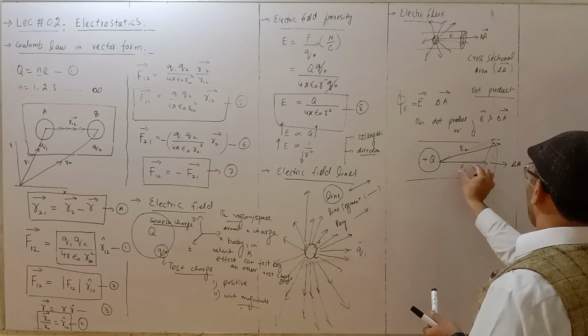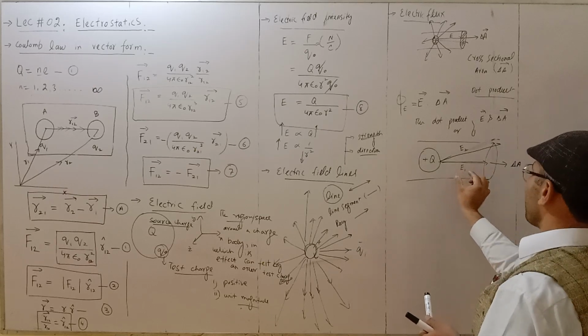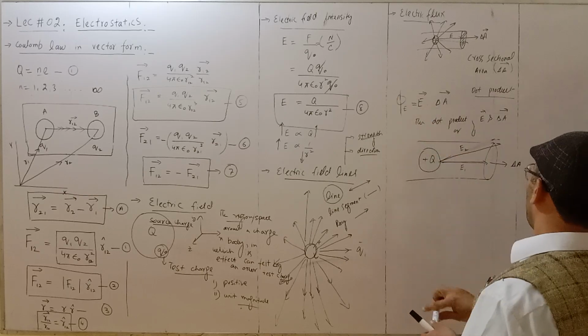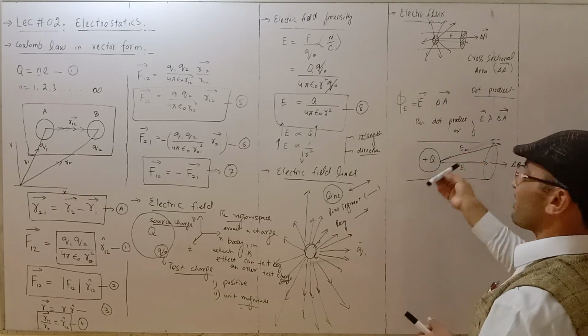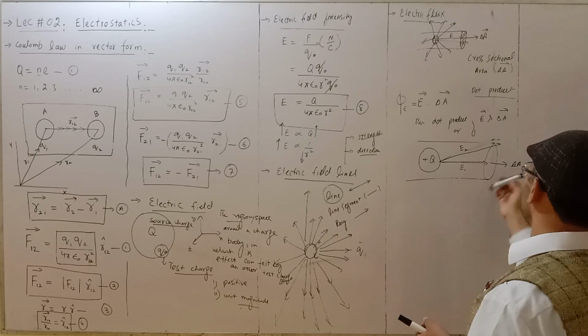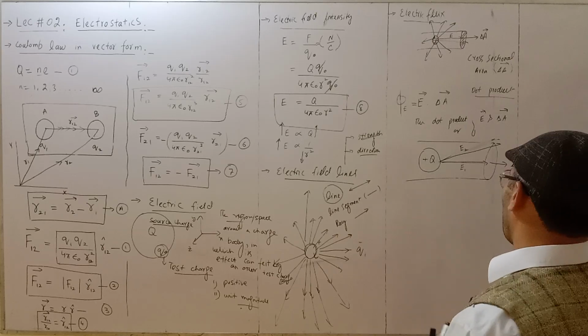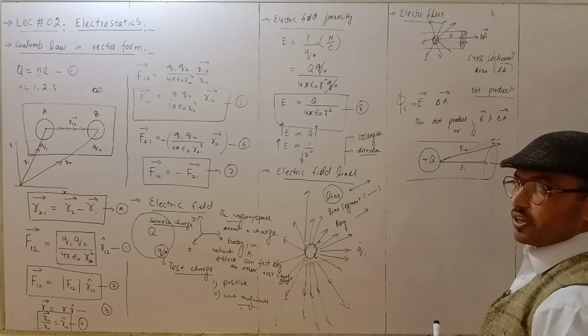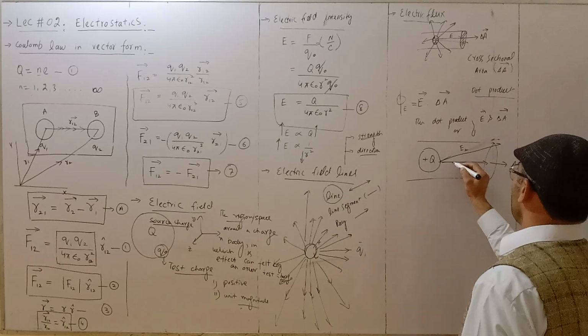So I can calculate the flux due to E1 as E dot A, but here E2 makes some angle with delta A. One video about the trigonometric ratio is available on my ID.